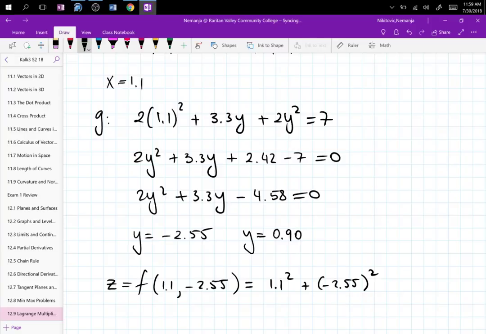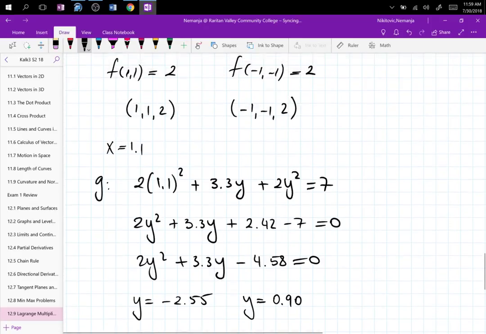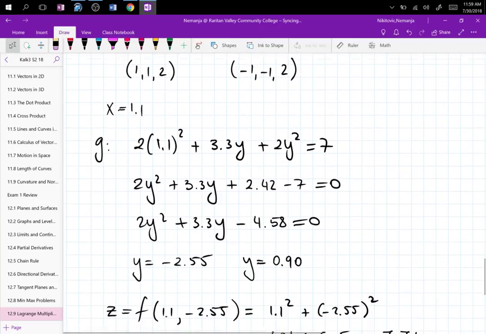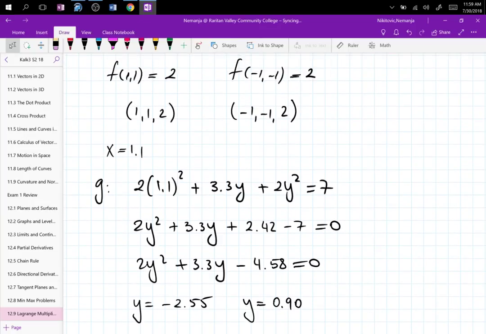The first one is easy, that's 1.21 plus 2.55 squared, which is 6.5, fine. So that's going to be 7.71. 7.71 is bigger, so these are min values.